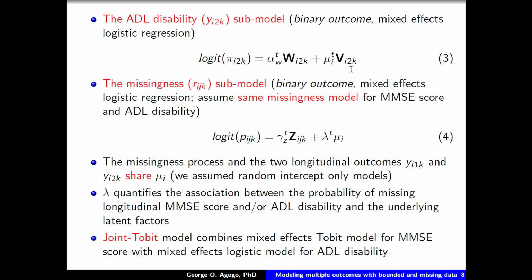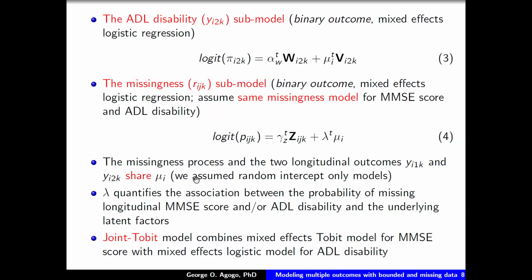So we assume the same missingness pattern for cognitive function as measured by MMSE score, as well as functional disability as measured by ADL. Again, because it's whether the outcome is observed, yes or no, it's also another binary outcome. And similarly, we use a logistic mixed effects regression model here.